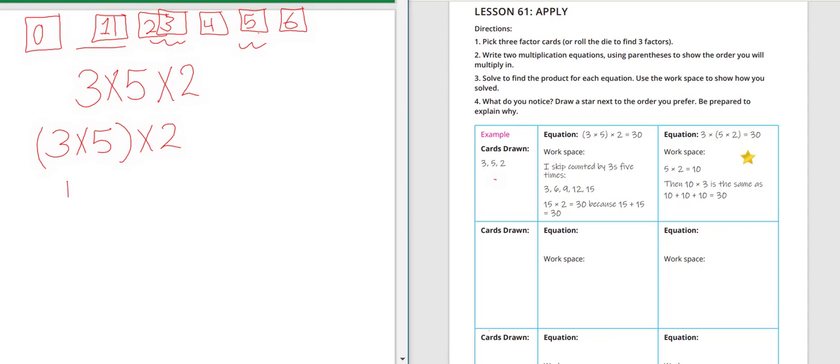So 3 times 5 equals 15, times 2. We can't multiply two digits by one digit, so we can use repeated addition: 15 plus 15 equals 30.